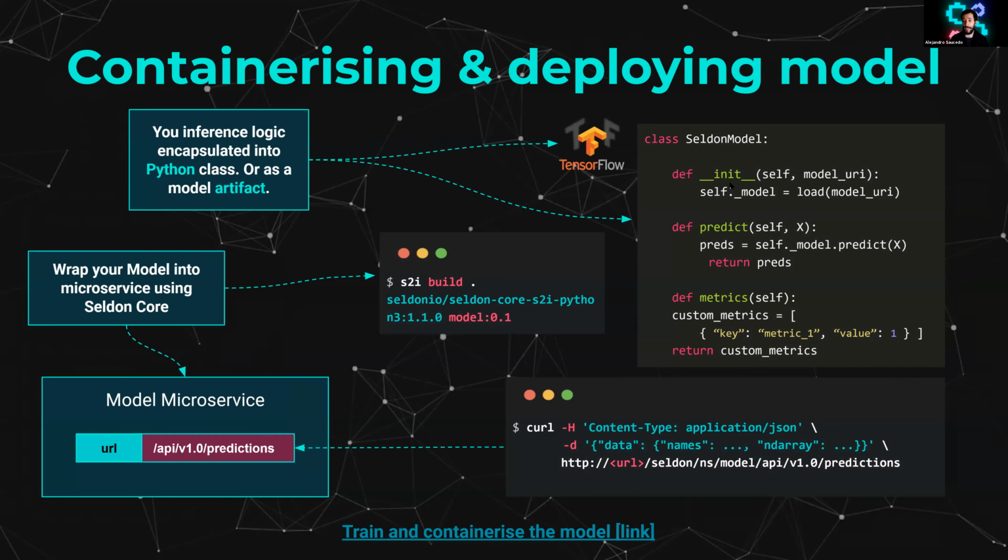What that really looks like, again, if we're using the language wrapper, is that we would just have to define a Python class or Java class or C++ class, depending on which language wrapper you use. This class has to have a predict function. This is the function that gets called when you send a REST or gRPC request. Whenever you send data to the microservice, it gets passed through this function. You can put whatever logic you want.